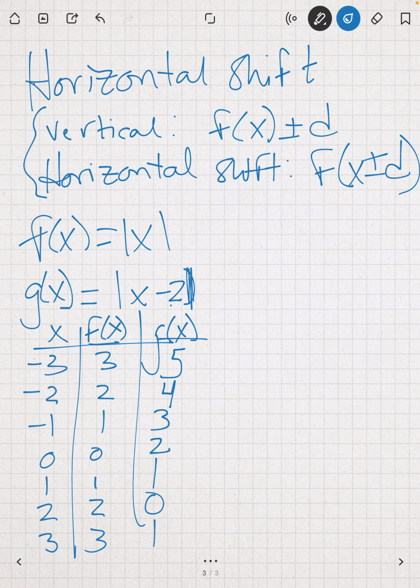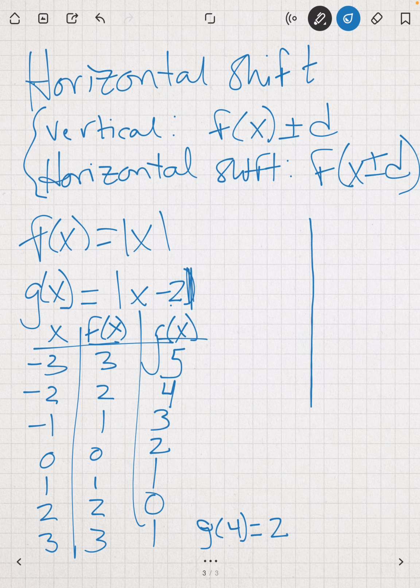I'm going to go ahead and include a 4 down here. We have g of 4 is 4 minus 2 is 2. Its absolute value is 2.